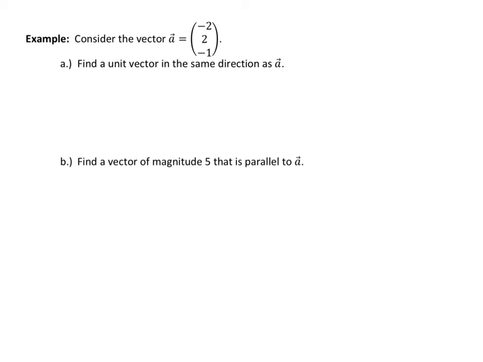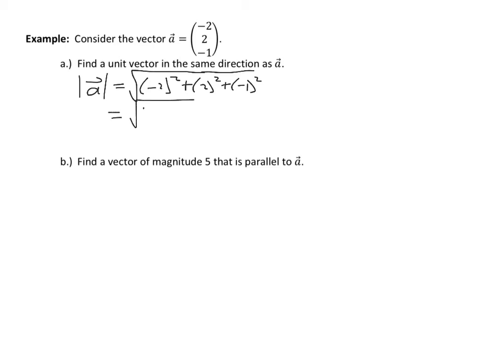So let's start by finding the magnitude of A. The magnitude of A will be the square root of negative 2 squared plus 2 squared plus negative 1 squared, which is the square root of 4 plus 4 plus 1, which is the square root of 9, which is 3. Okay, cool. This has a nice, easy magnitude.